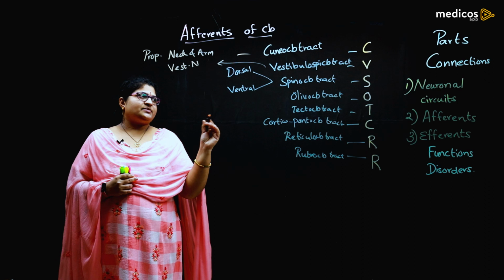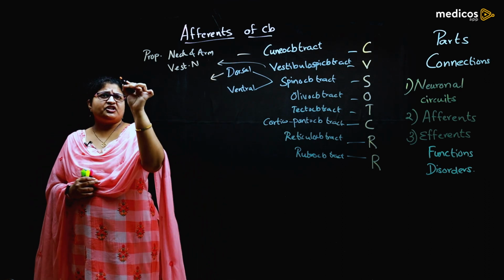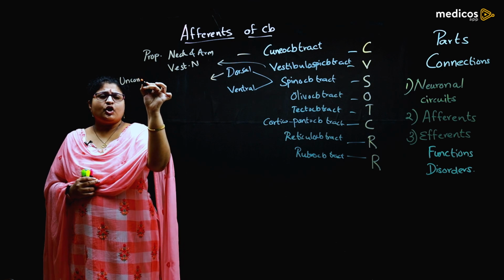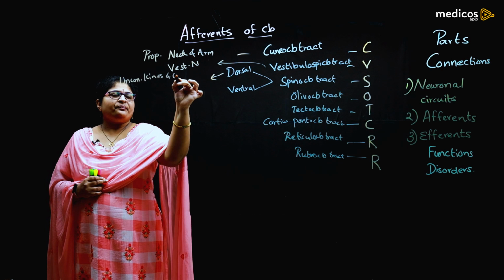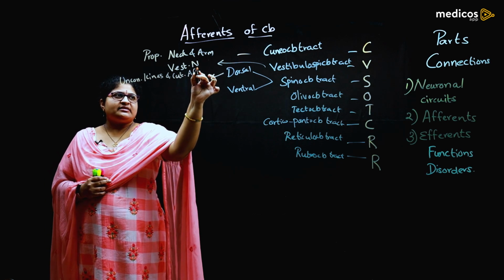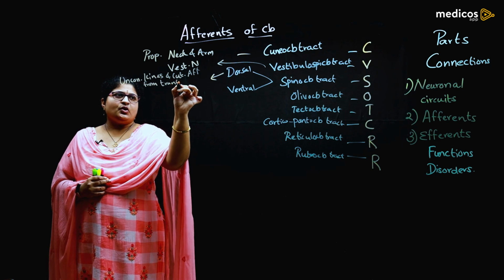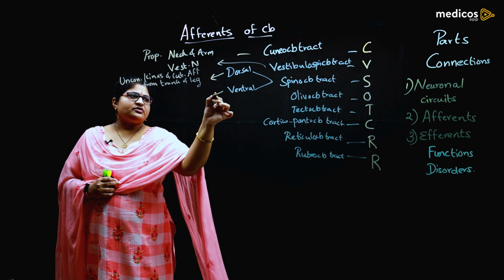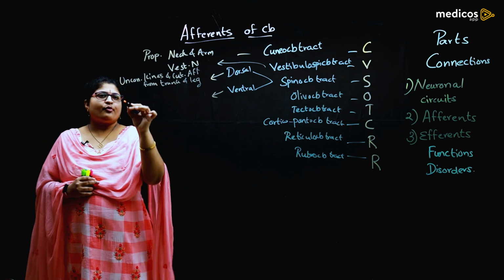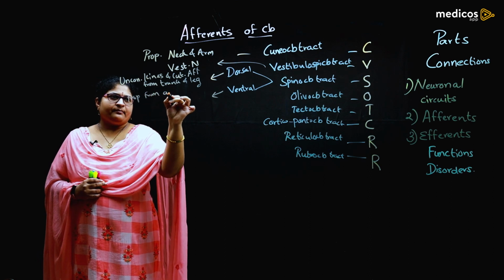The dorsal spinocerebellar tract carries information about unconscious kinesthetic sensation and also cutaneous afferents from the trunk and also leg muscles. And the ventral spinocerebellar tract carries proprioception from all parts of the body.